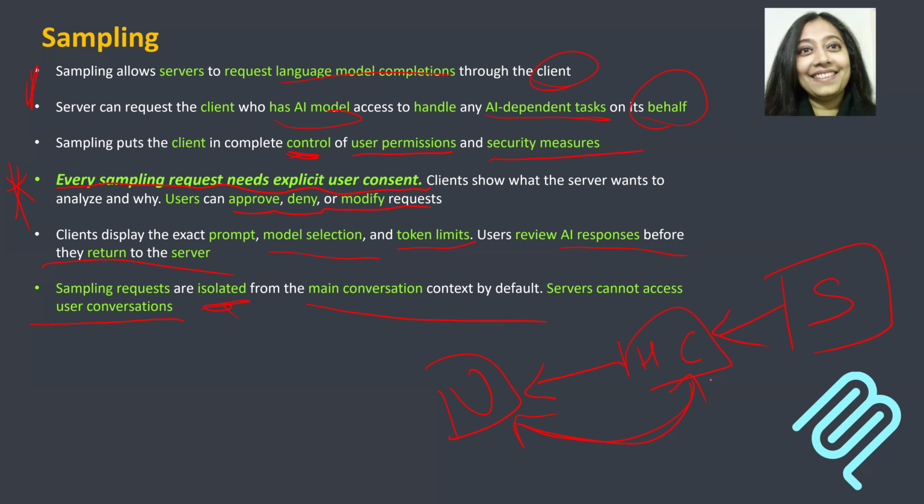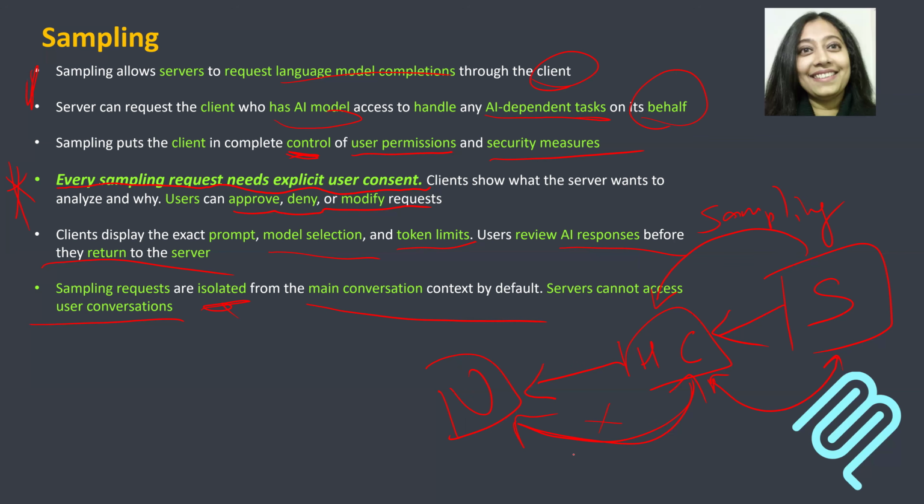Of course, there's a conversation that is going on between client and server. But when this sampling request comes in, this is sampling. This is a separate request. And servers cannot access any of these user conversations.